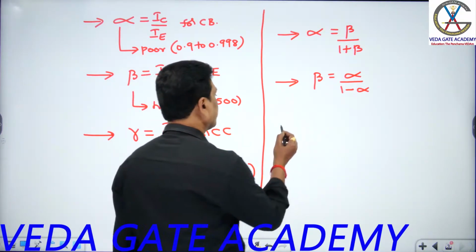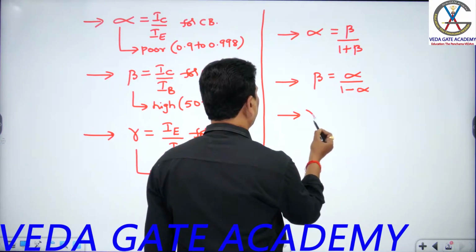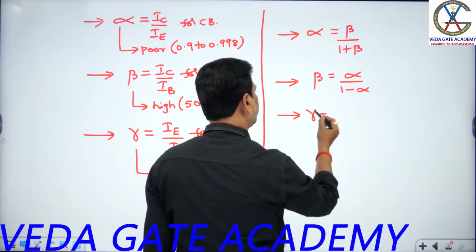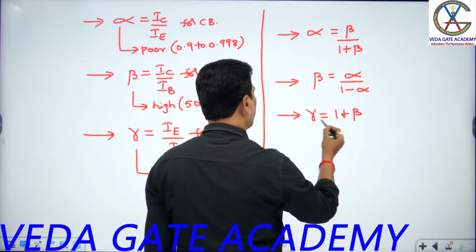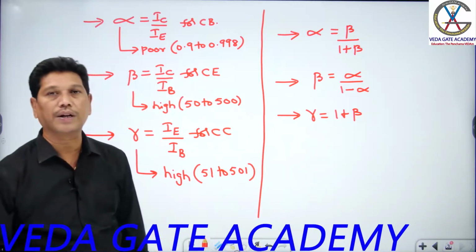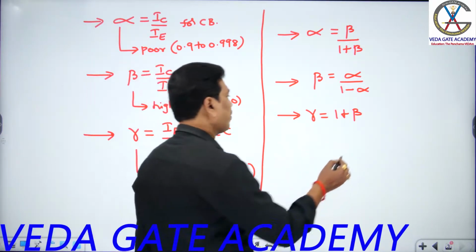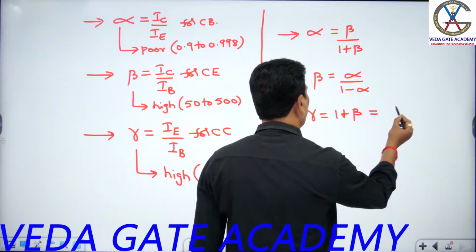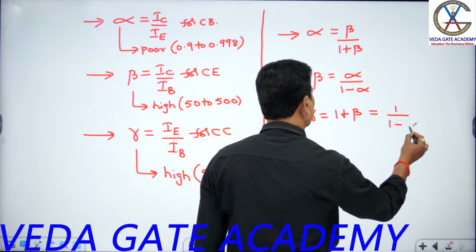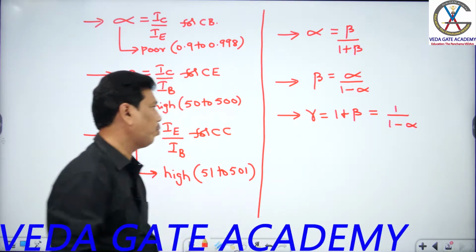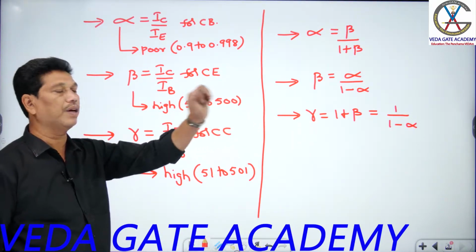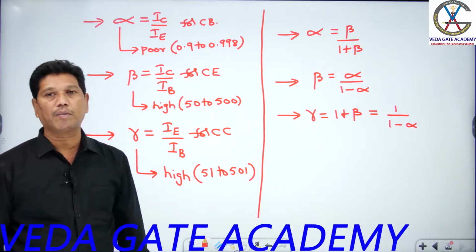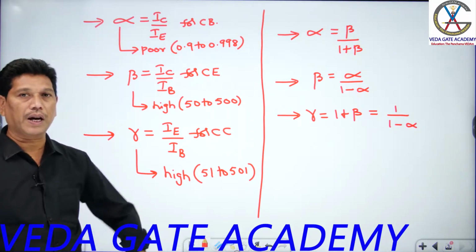Okay. Other than this, you can discuss the current gain gamma. Gamma equal to 1 plus beta, you know, students, so that the common emitter and common collector current gains are close together. And again gamma in terms of alpha, gamma equal to 1 by 1 minus alpha. So these are the relations between the current gain factors of common base, common emitter and common collector, students.